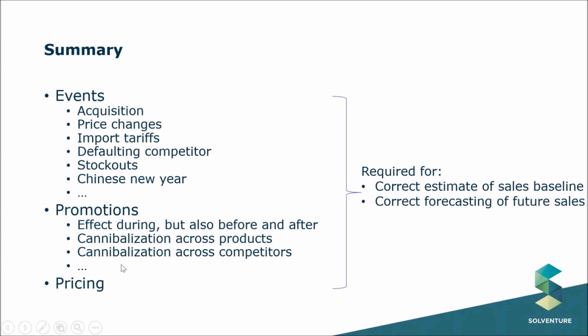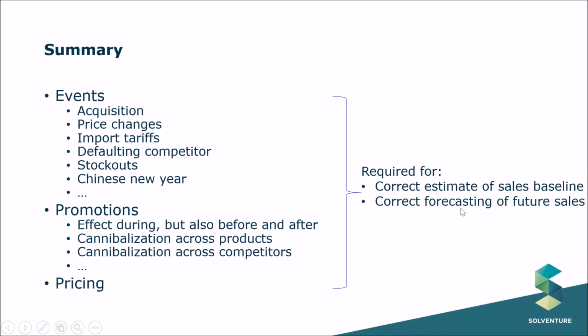And we also looked at pricing, how pricing can have an effect on your sales volume and on your sales revenue. And all this information is required, on the one hand, to correctly estimate a sales baseline. We need to have a correct estimate of that sales baseline to be able to detect the macroeconomic dependencies.